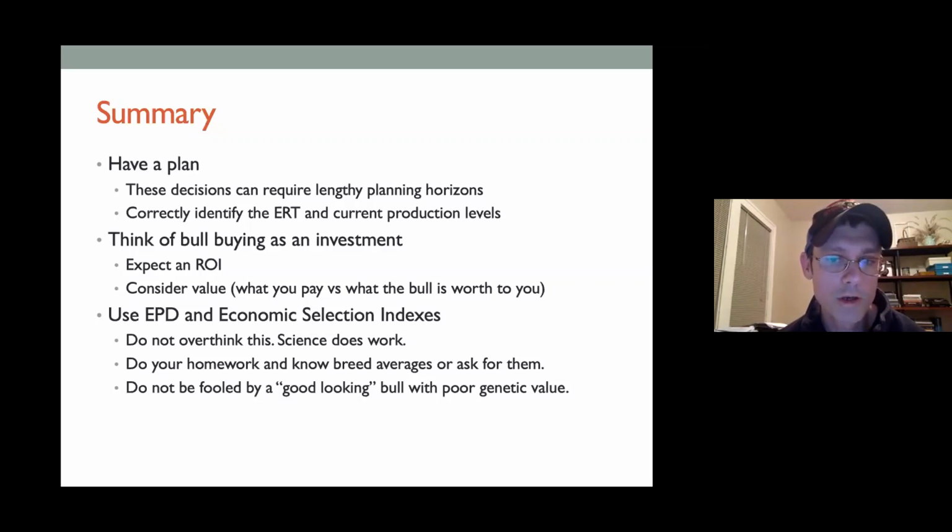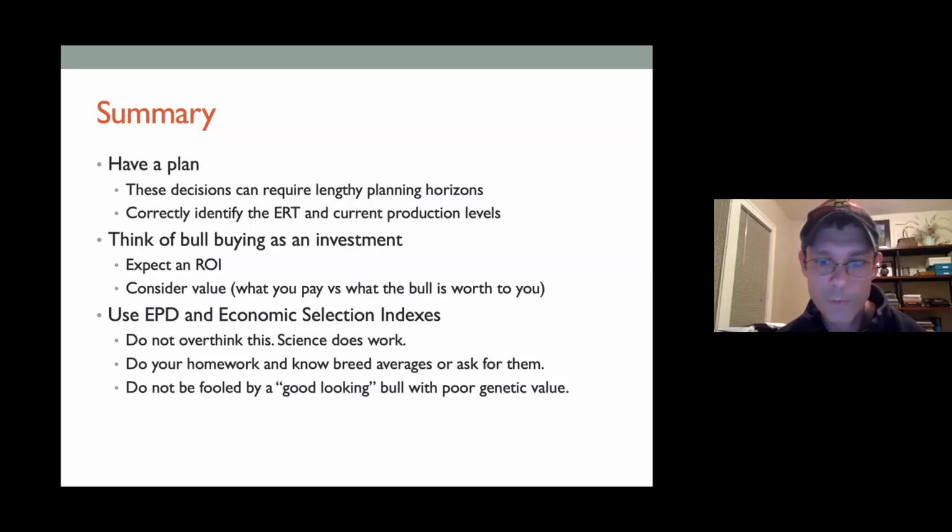Do your homework and know breed averages, or ask the seed stock vendor for them, right? So is a plus 40 EPD for weaning weight good or bad? Well, I don't know. It depends on what breed it is and what the average for that breed is, right? So have some idea. And again, if you don't know, ask.